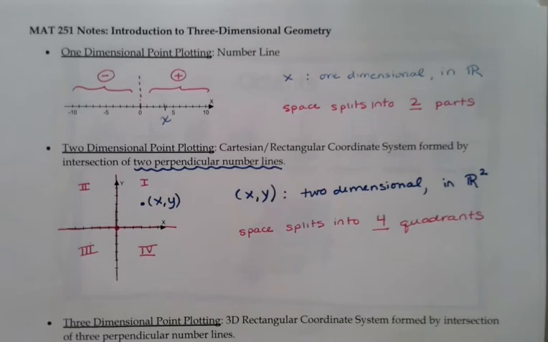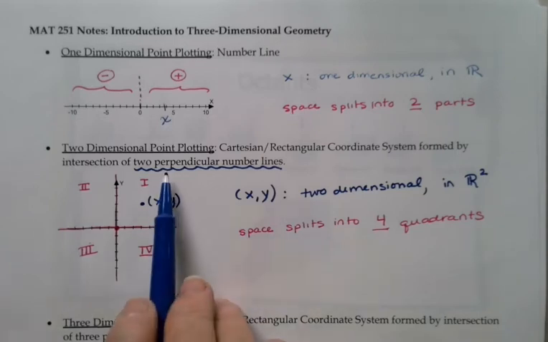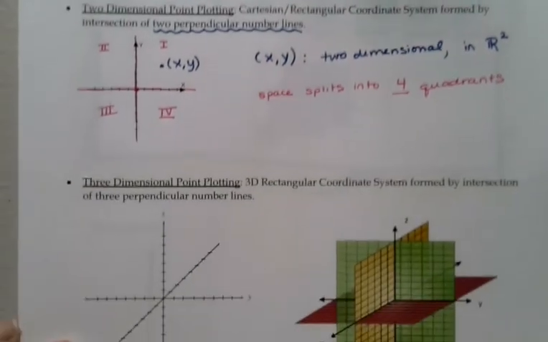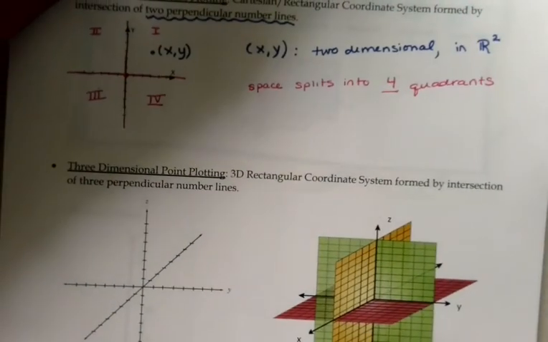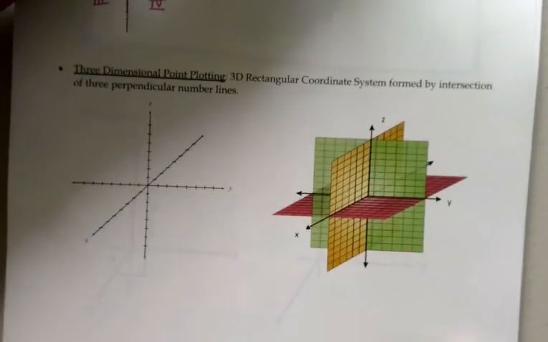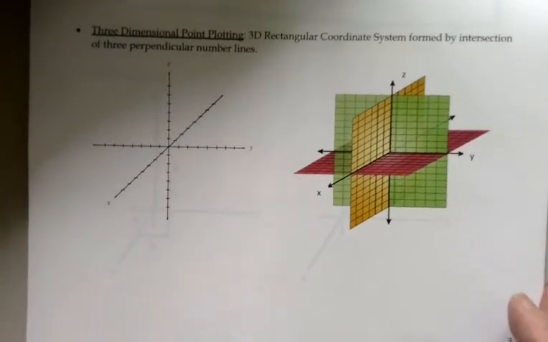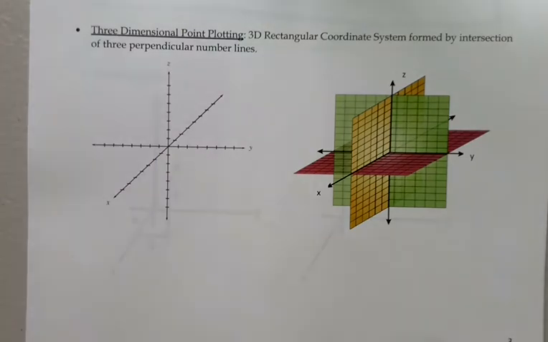If I want to plot a three-dimensional point, instead of having two perpendicular number lines, I'm going to need to locate my point using three perpendicular number lines. Now, it's impossible to truly draw three perpendicular number lines on a flat piece of paper. So when we draw, we usually try to give it some perspective, which is what you're seeing here.